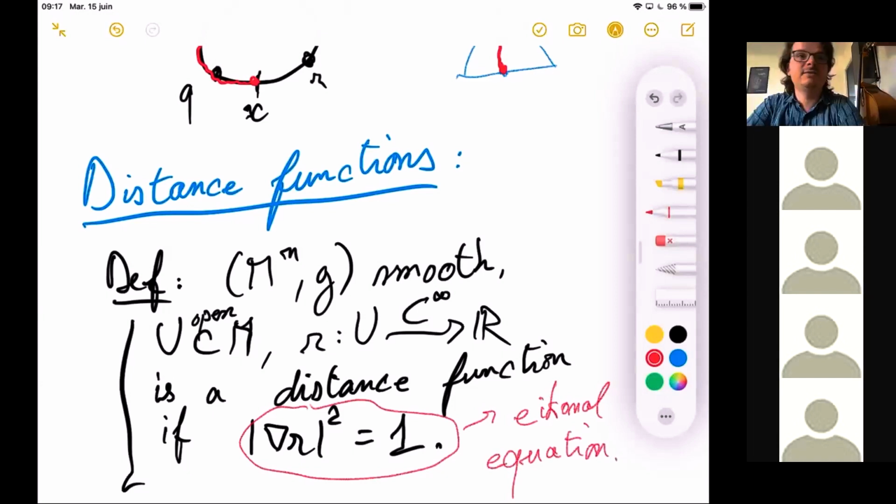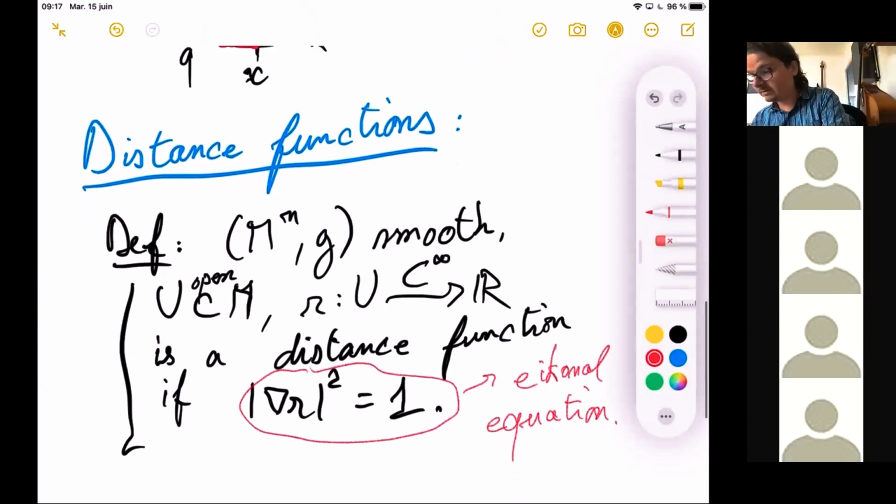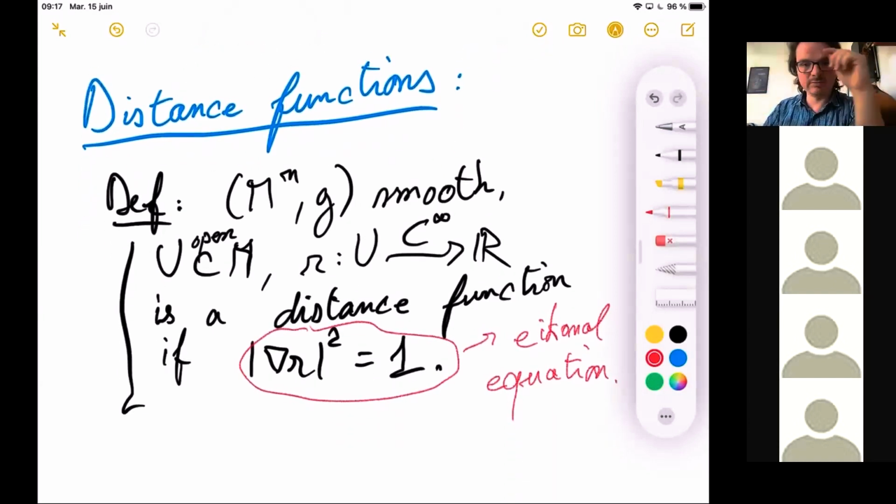This is actually what people use when they want to compute distances on a surface in a practical way, like given by a mesh, or a Riemannian metric.